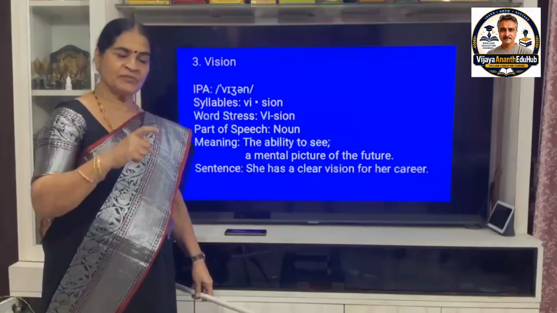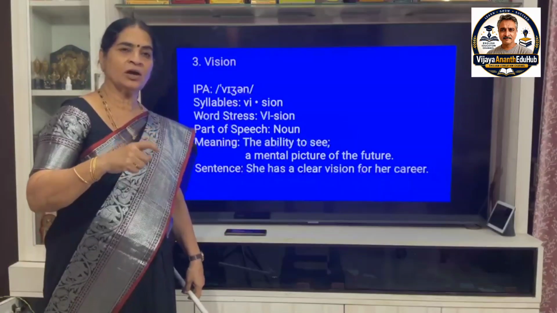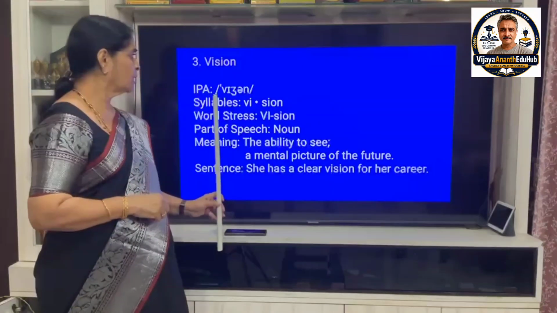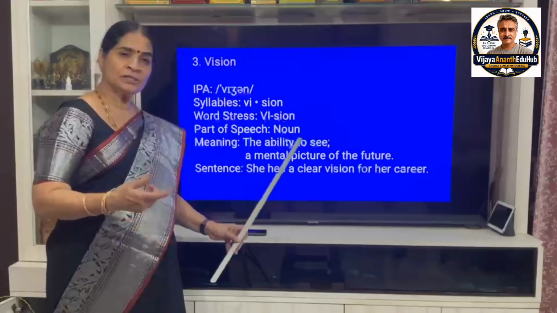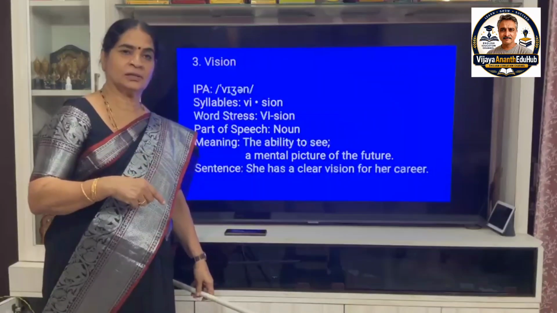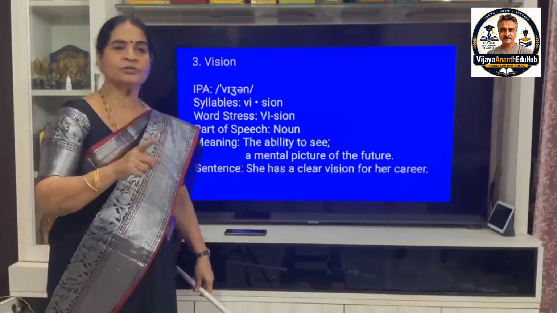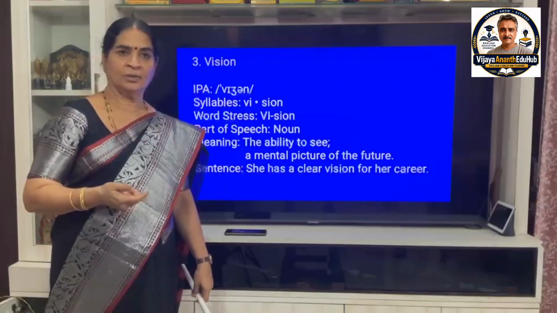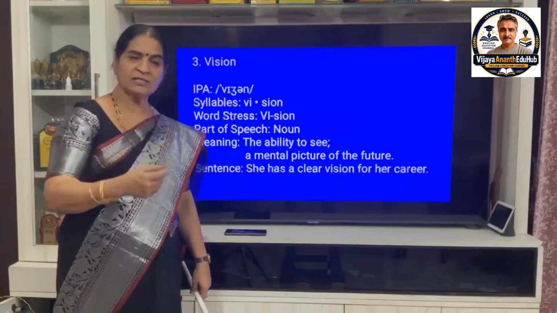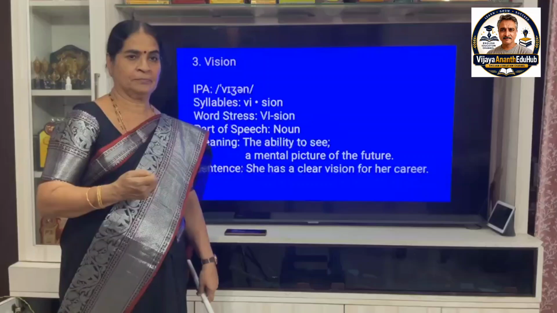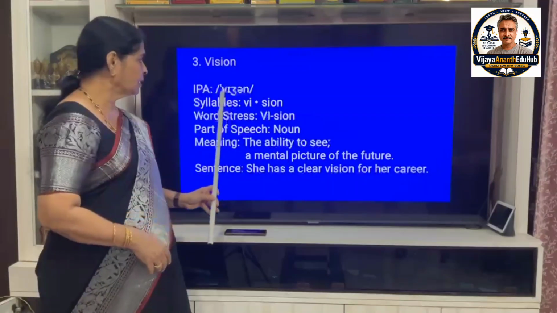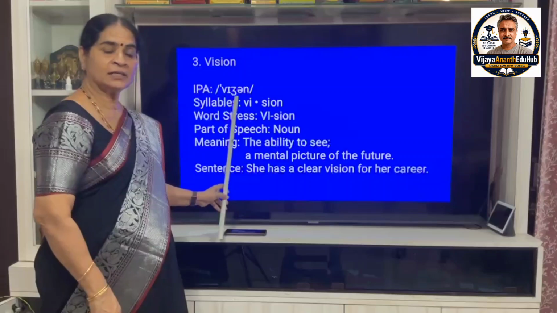Ja is a specific sound which is not in Telugu, but we pronounce it in English. In English words like measure, treasure, pleasure, all have that ja sound, but it is not in our native language. Here, this symbol indicates that sound.